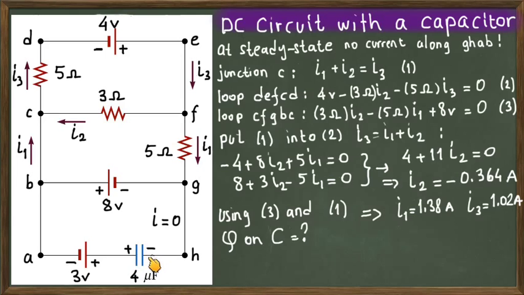So if we can find the voltage across this capacitance and multiply it by 4 microfarads, I can find the charge.